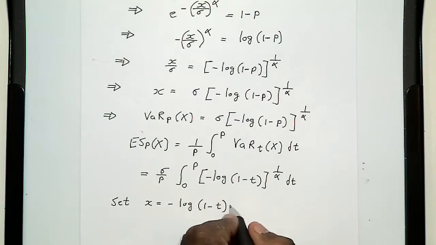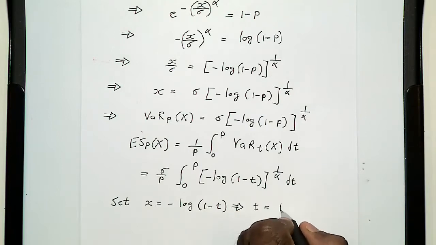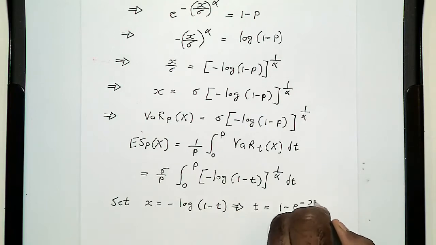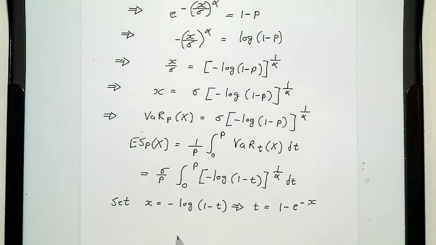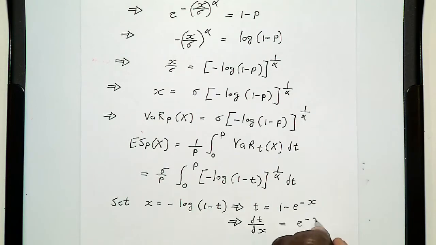So your t will be 1 minus this. So your dt by dx will be this. Okay, guys? Are you guys okay so far?